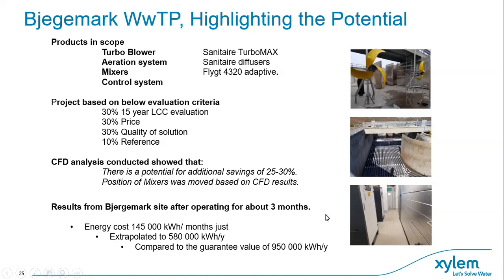So the results after 3 months of operation: the energy cost was 145,000 kilowatt hours, and this was extrapolated to 1 year because they had summer loads and winter loads. So it doesn't have the same power consumption over a year, but compared to what we guaranteed, which was 950,000 kilowatt hours per year, the result is a lot lower.